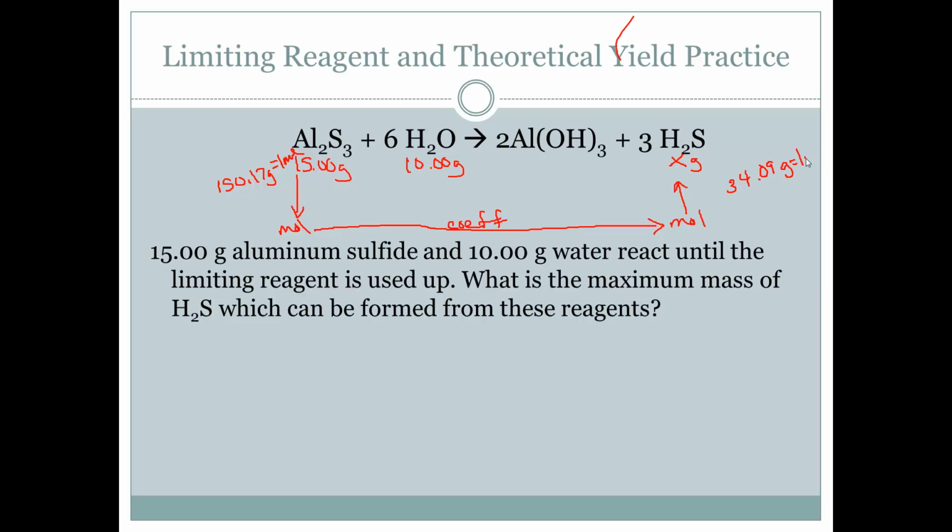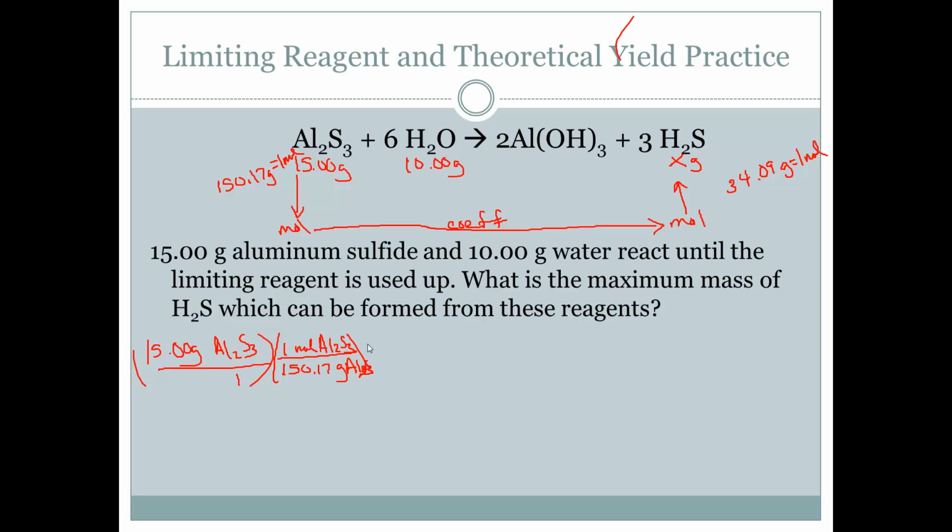So we put this over 1, 15.00 grams Al2S3, the molar mass is 150.17 grams of Al2S3, 1 mole of Al2S3.